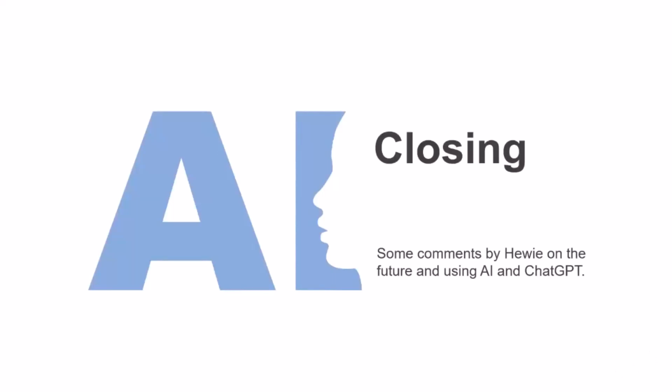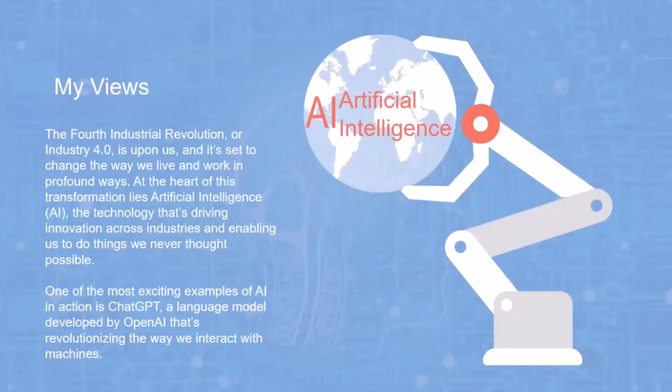In closing, some comments by me, Hewie Poplock, on the future and using AI and ChatGPT. The fourth industrial revolution, or Industry 4.0, is upon us, and it's set to change the way we live and work in profound ways. At the heart of this transformation lies artificial intelligence, or AI, the technology that's driving innovation across industries and enabling us to do things we never thought possible.